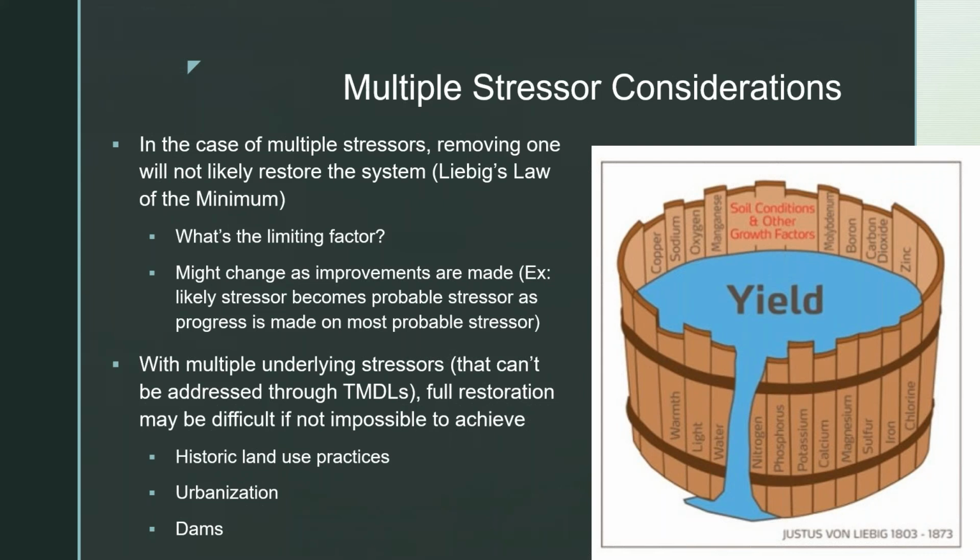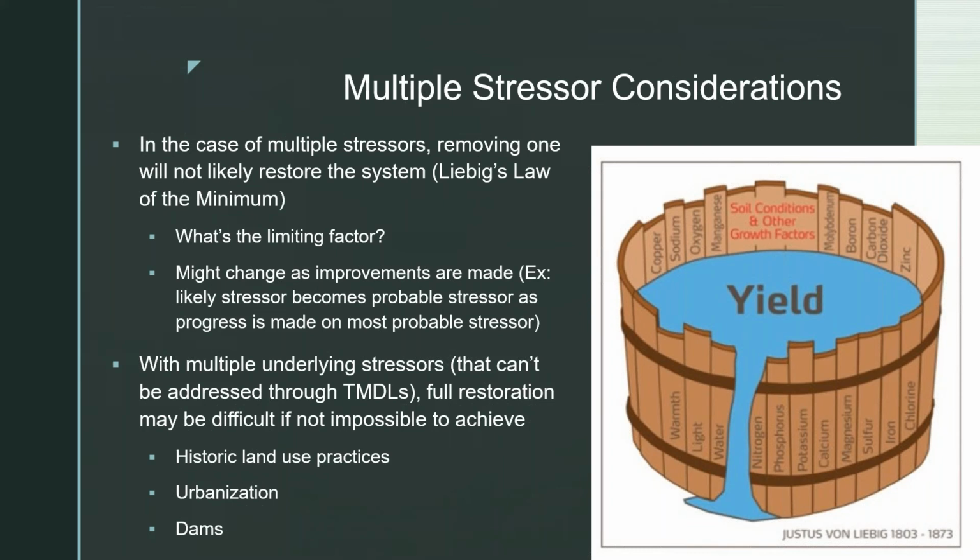So this also means that having multiple stressors means we're not going to end up restoring ecological conditions until we first remove the strongest stressor. Kind of back to Liebig's law of the minimum, right? What's the limiting factor here? What's the most important stressor in this situation? That one we need to address first.